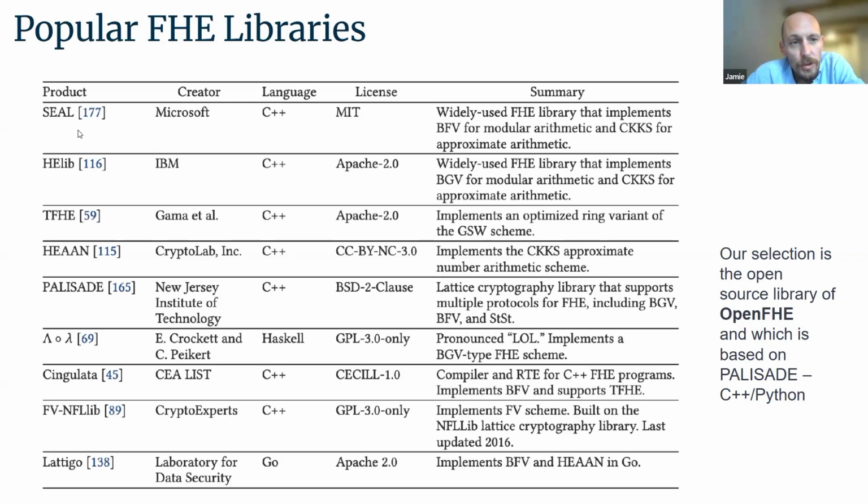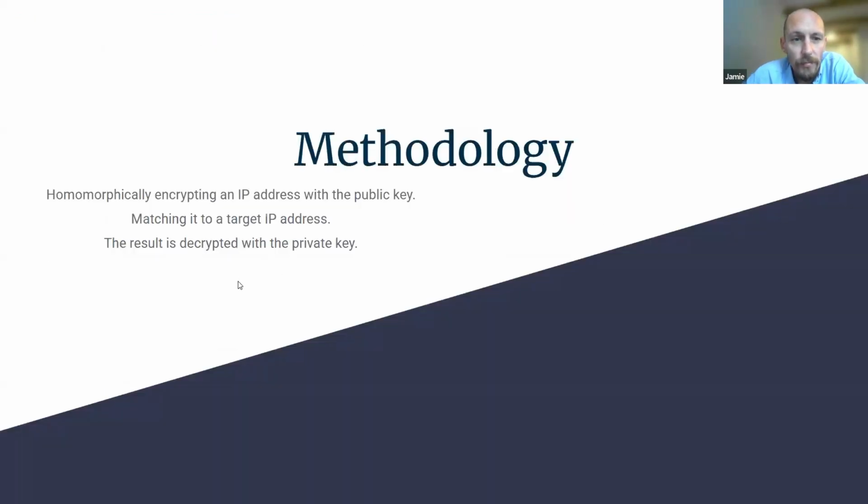This shows the open source contenders, and there are obviously some other really mature libraries out there. The Concrete ML library, for example, that Zama do is among the best. But these are the open source libraries that we've got here.